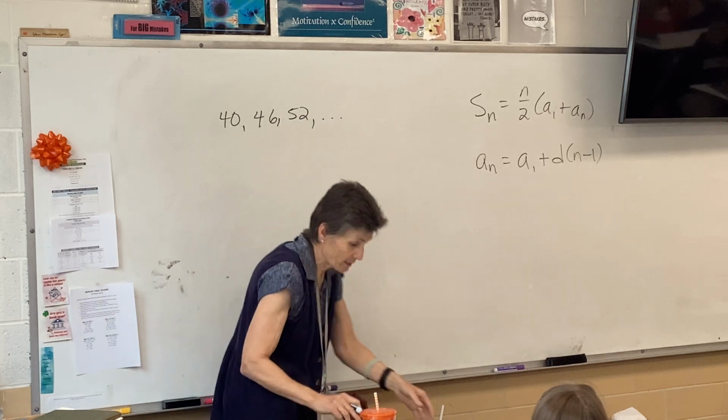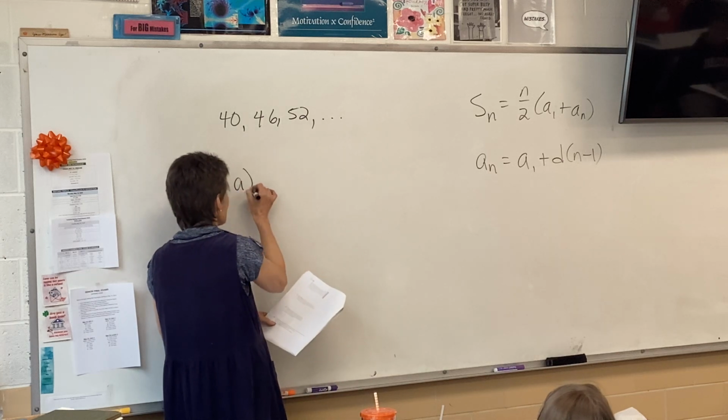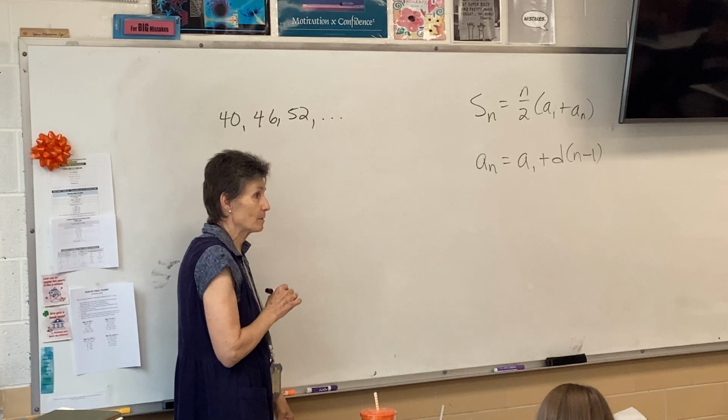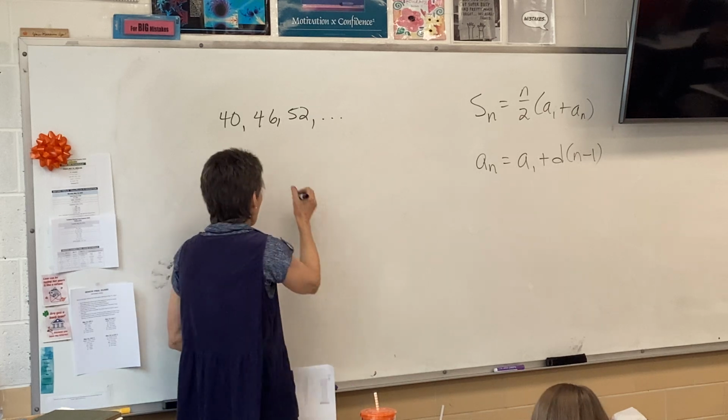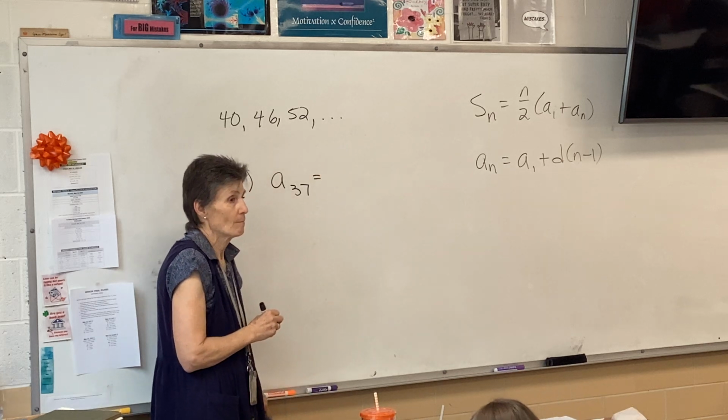Okay, so what am I doing now? How much will be set aside on the 37th day? Doesn't that mean I want the 37th term?